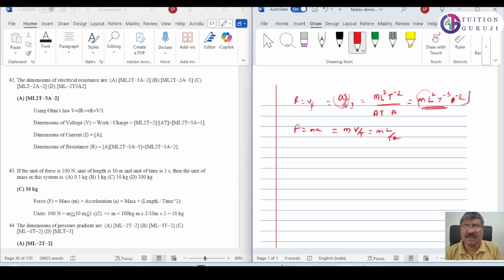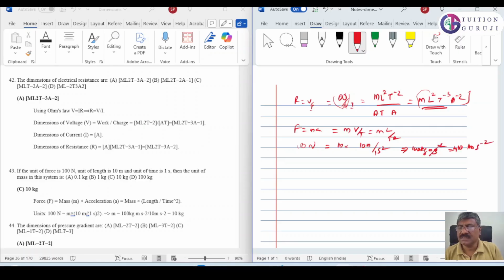So 100 Newton is equal to m into 10 meter by 1 second square, which implies 100 kilogram meter second raised to minus 2 is equal to m into 10 meter second raised to minus 2.